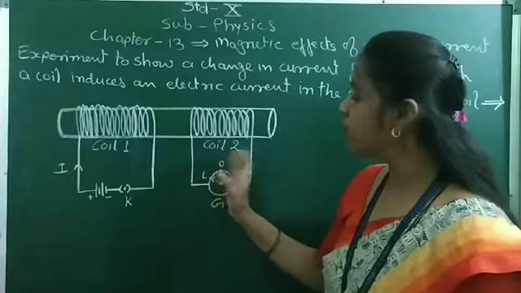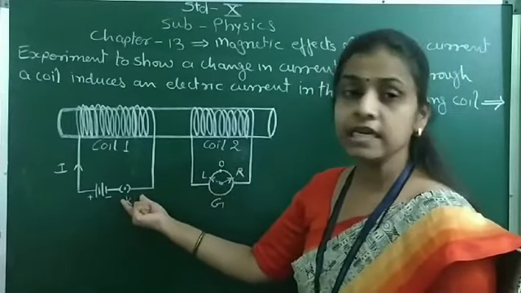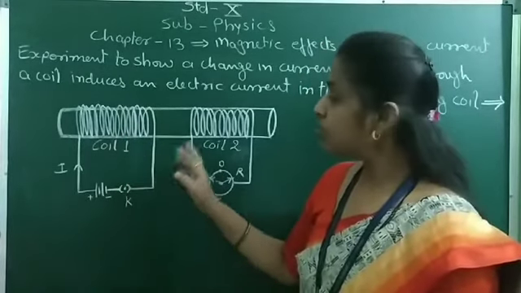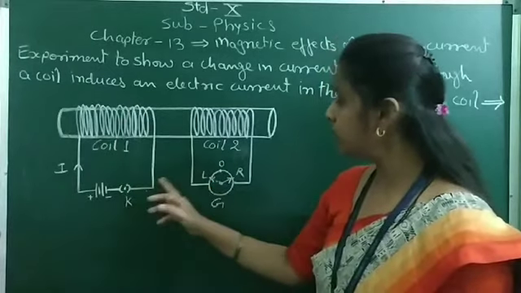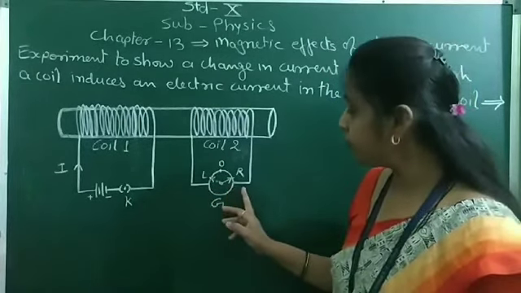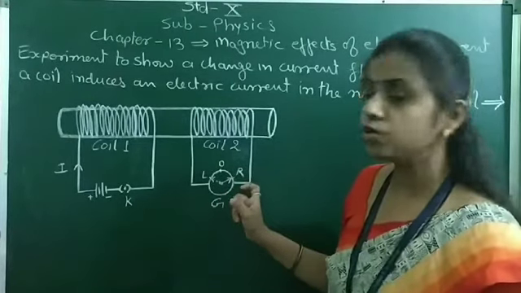That is, it shows a momentary deflection in the galvanometer when the key is closed and the current flows through coil 1. So whenever current flows through coil 1, there is a momentary deflection in the galvanometer of coil 2. It indicates that a momentary current is induced in coil 2.